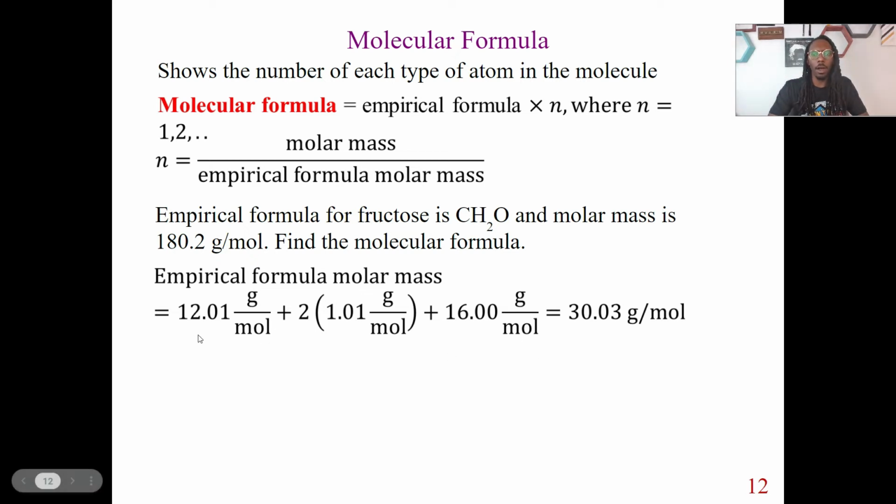Once we add up all of our carbon, hydrogen, and oxygen, we get 30.03 grams per mole for our empirical formula molar mass.